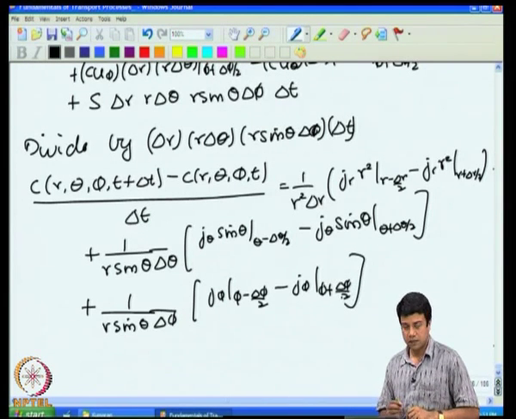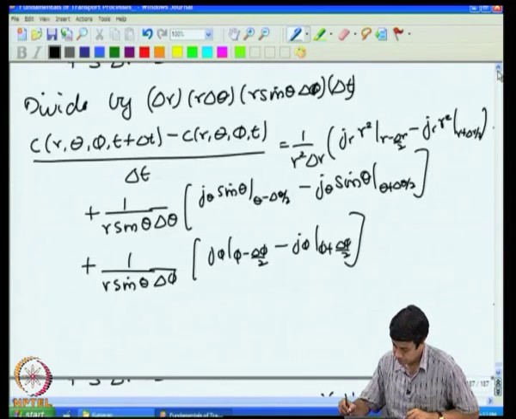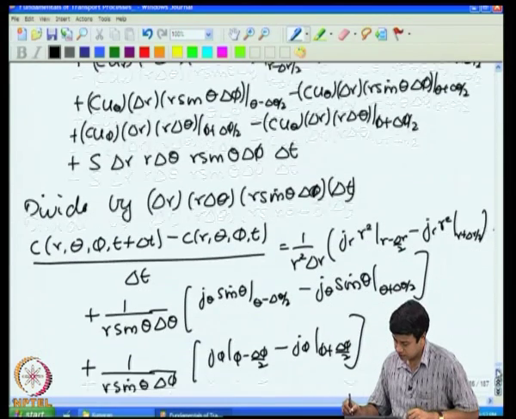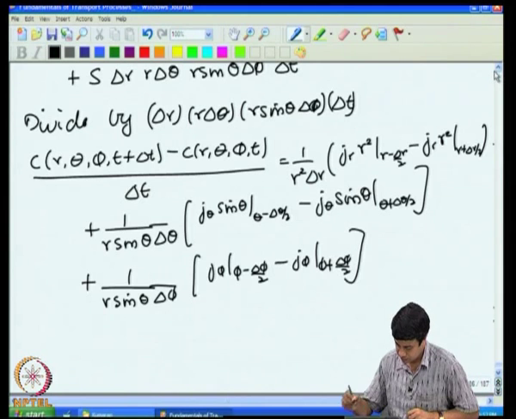Okay. And then there are the convective terms. I get the convective terms by just substituting CUR, CU theta and CU phi within these equations. Okay.